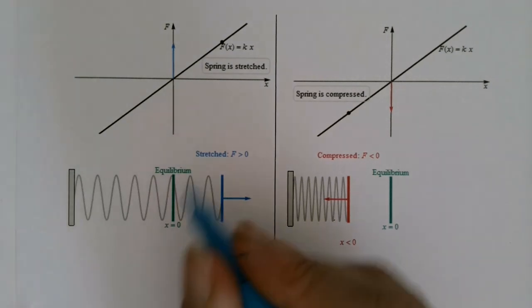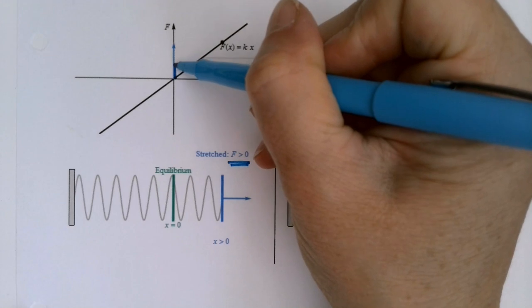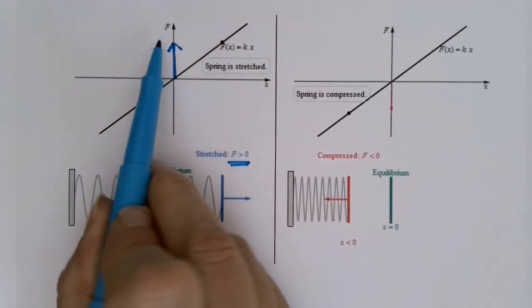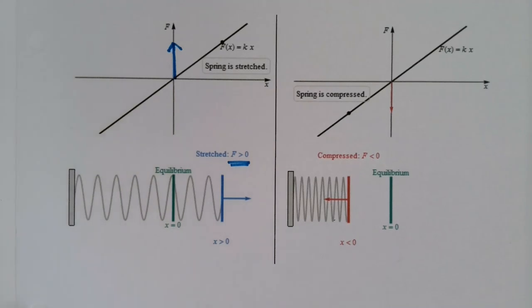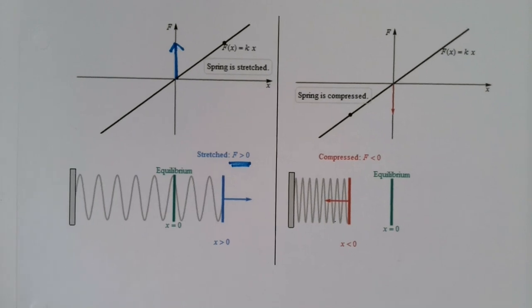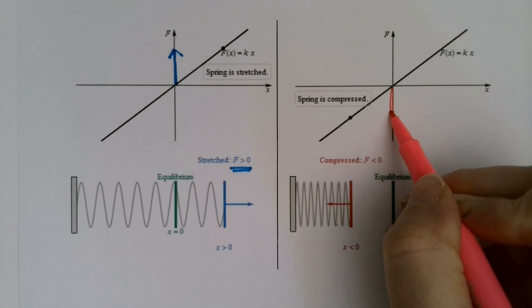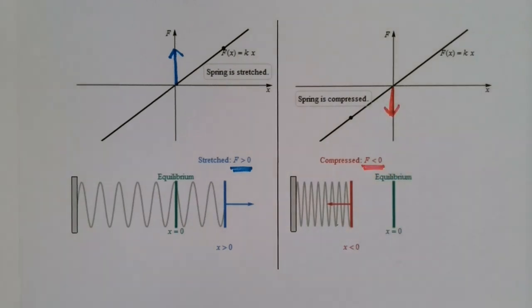So if this is your force axis, then your force is positive because you're pulling it out. If you're compressing your spring, if you're pushing it in, then your force would be negative because you're jamming it tighter than the equilibrium state would normally like.